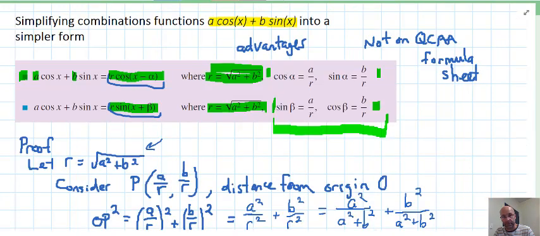So remember that in the case to convert here, we've got the second situation there. Okay, so a cos x plus b sine x is r sine x plus beta, where we've got r and beta defined as such there.